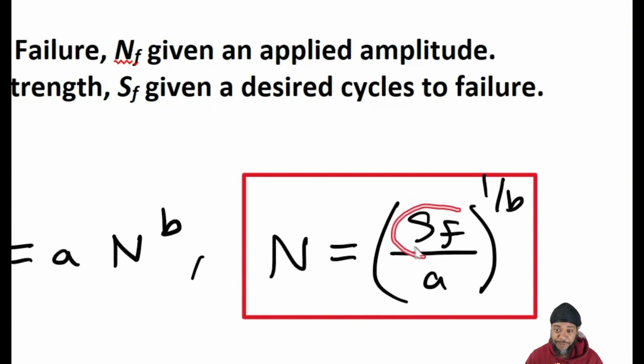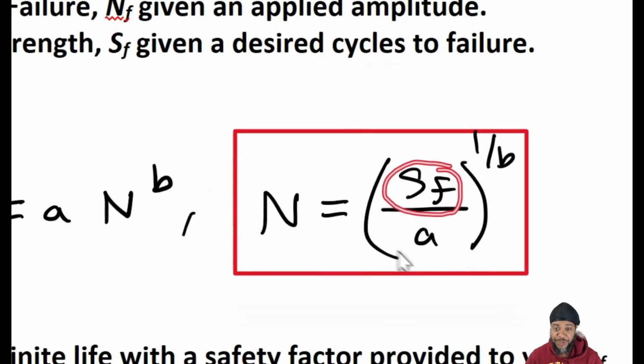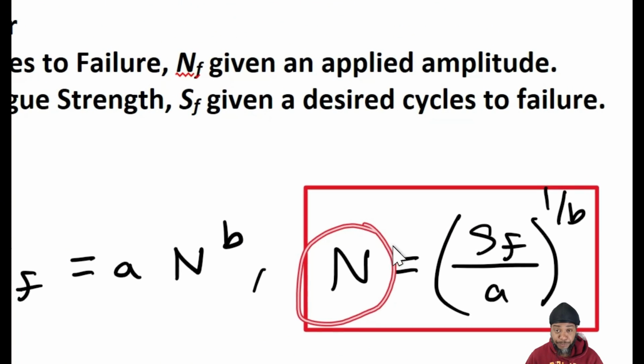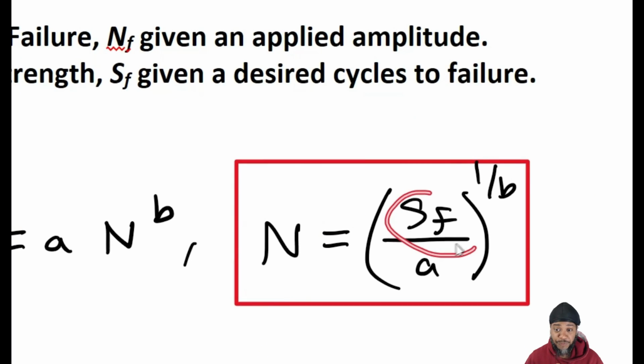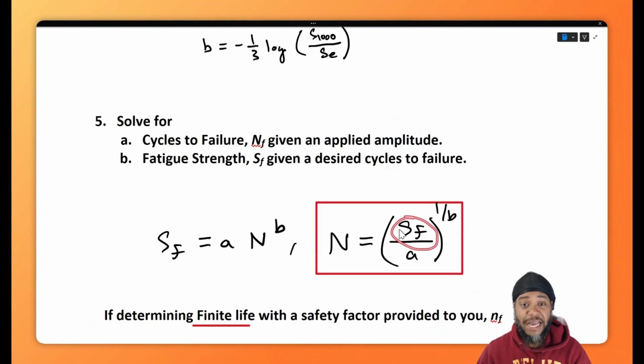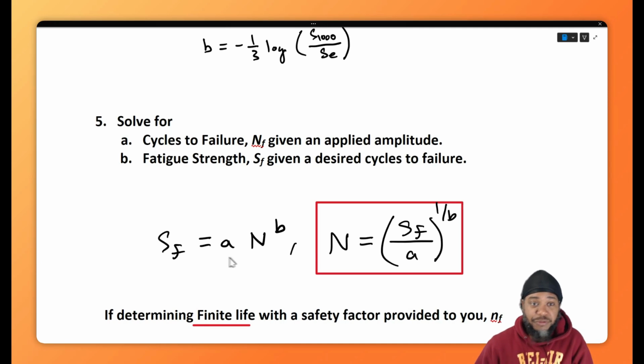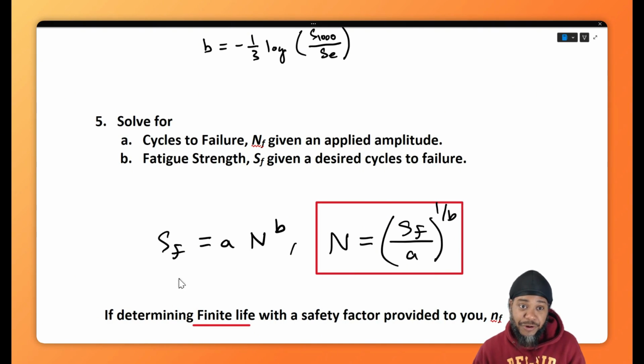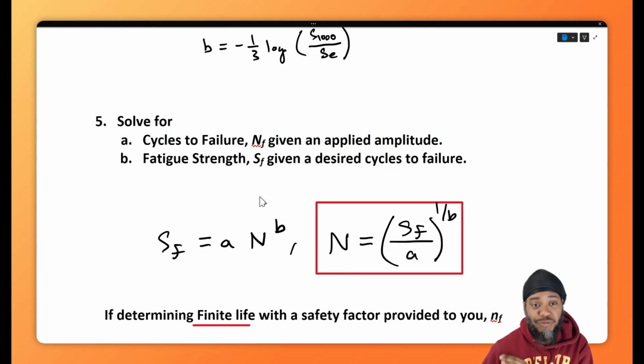And we can put in 50 KSI here, and then we can find how many cycles if 50 KSI was applied to our geometry, right? So we can either search for cycles to failure or search for the stress amplitude for a given problem.